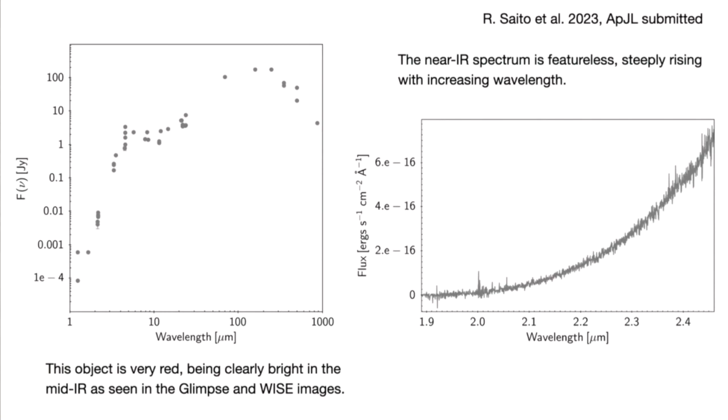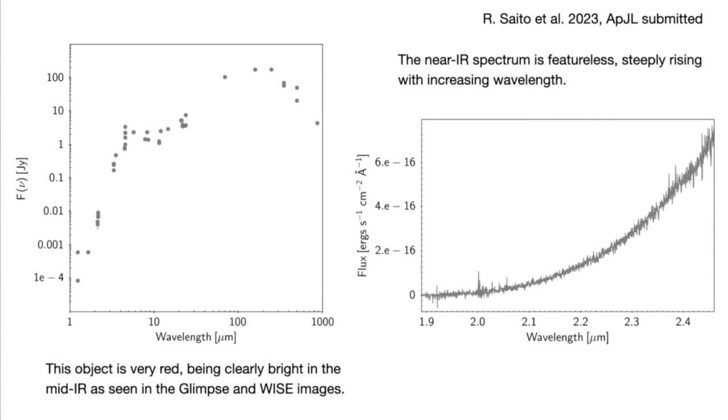And also the spectral energy distribution is very red, but you have to take it with a grain of salt because there are different apertures and nebulosity is not taken into account in some bands. Okay. But if you look at the near-infrared spectrum that we took last year, it becomes also interesting.